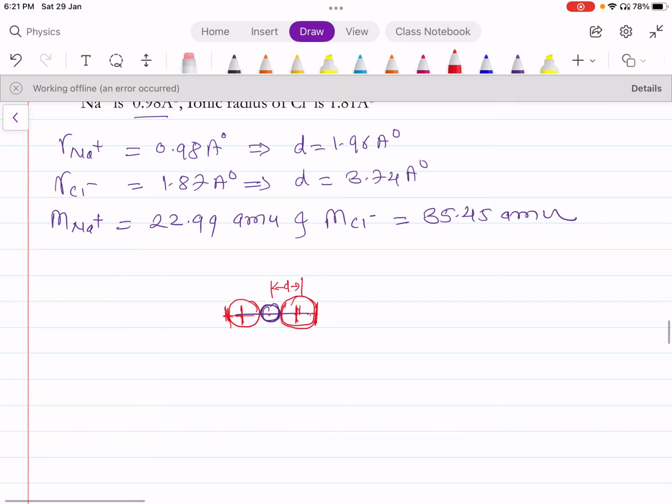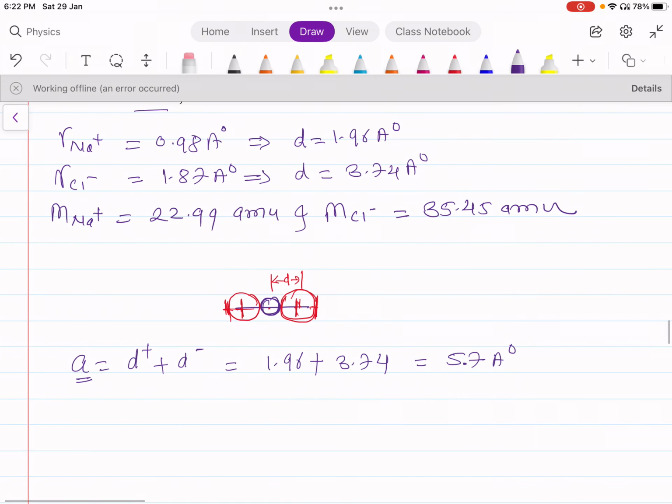For NaCl type, we know that A is equals to diameter of positive plus diameter of negative ion. We know the diameter of sodium ion is 1.96 plus diameter of chlorine is 3.74 and that is equals to 5.7 angstrom. So this is the value of A. And what we have to find is D. So D is equals to A by 2.